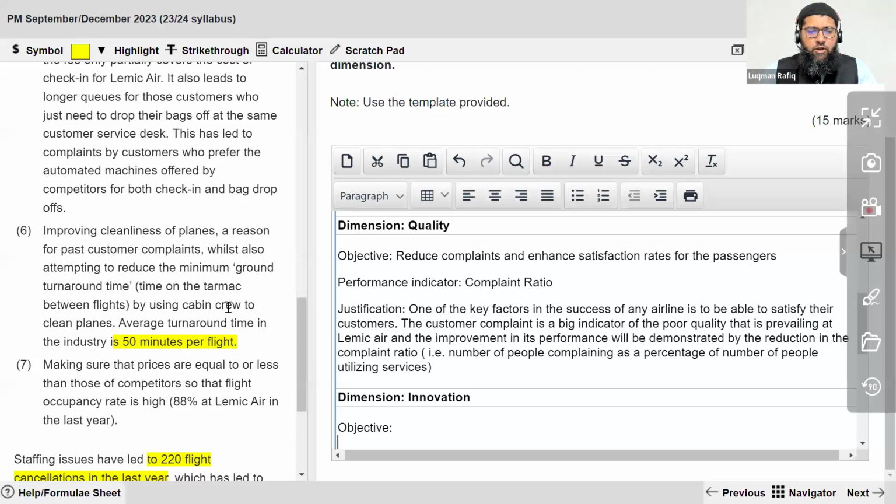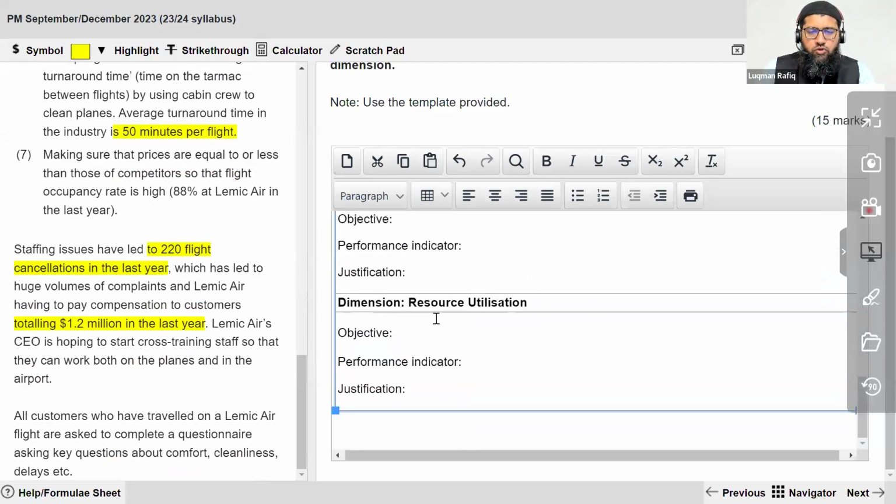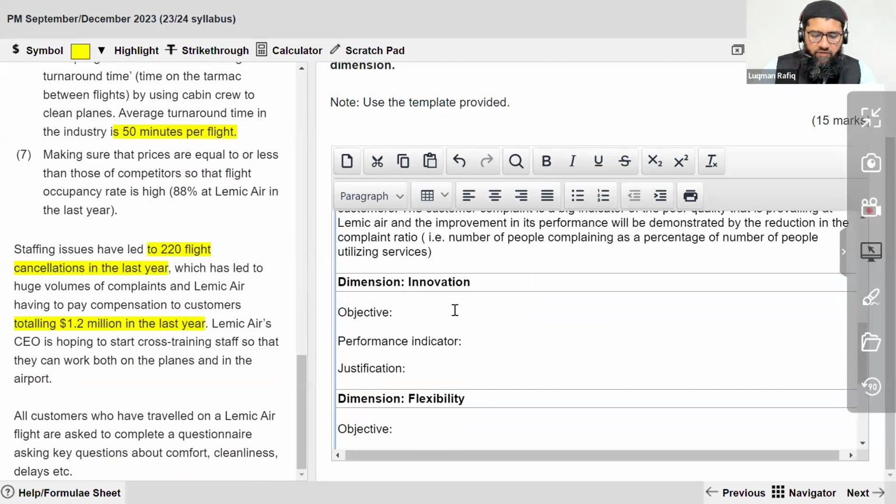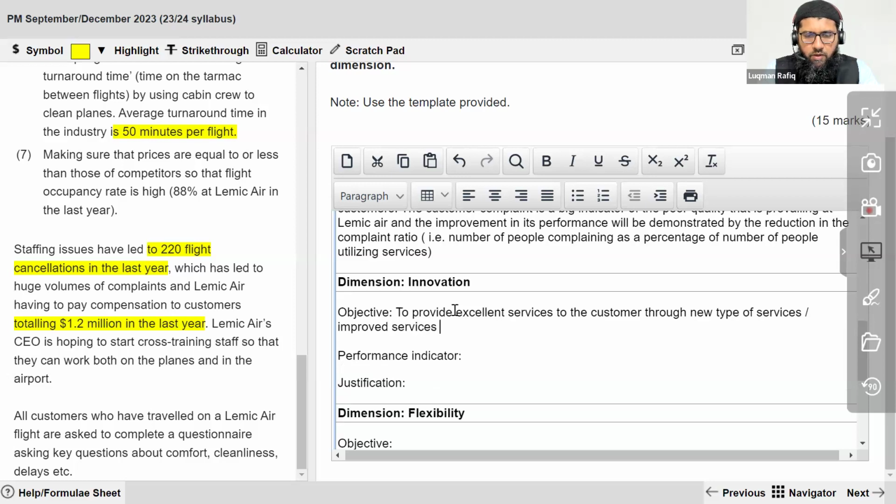Right? Then we talk about the innovation. So what could be the innovation in this case? To provide excellent services to the customer through new types of services or improved services utilizing technology.